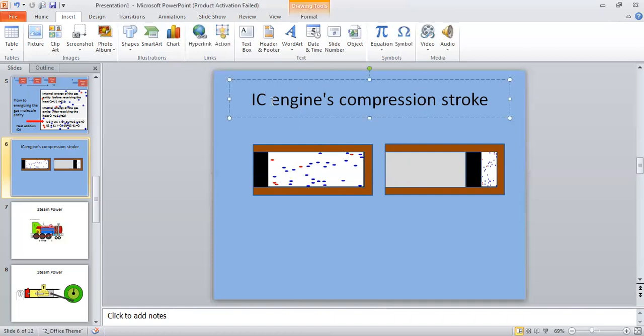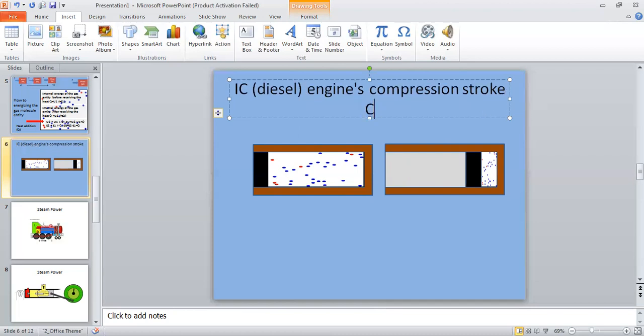Let's say this is a diesel engine, a compression ignition, CI engine. Compression ignition means auto-igniting once the fuel comes in.